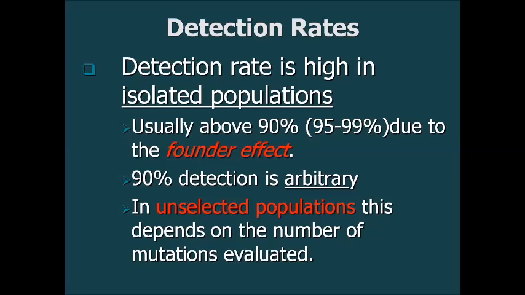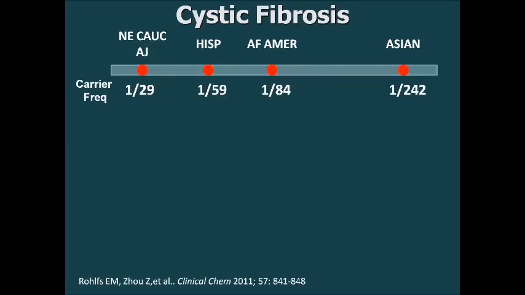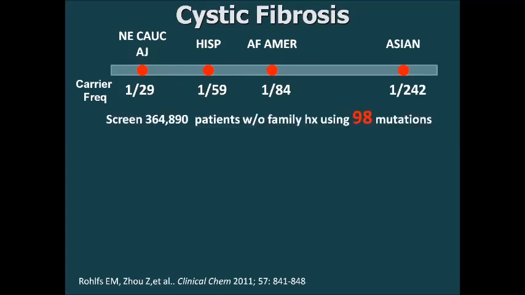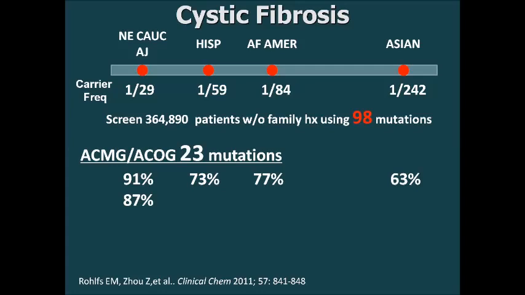But when we're screening in an unselected population, the detection rates are variable and depend on the number of mutations evaluated. That example is shown here in a study that was published in Clinical Chemistry in 2001. About 360,000 patients without a family history were screened for cystic fibrosis using 98 different mutations or sequence variants.